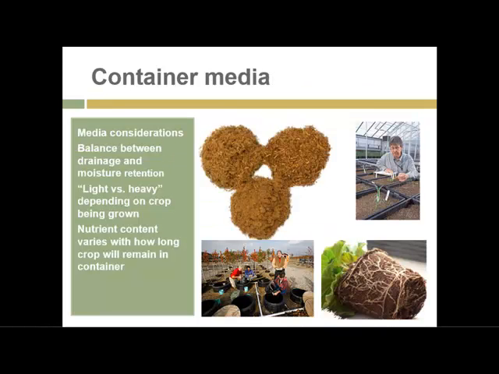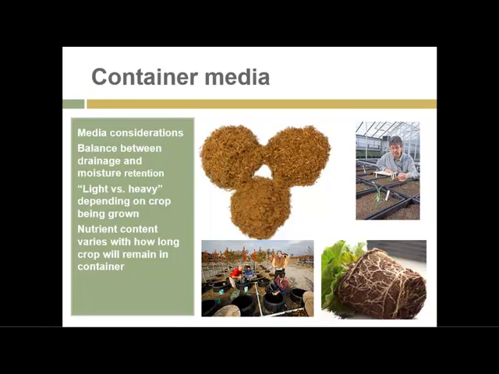And then the media that the plants are grown in, whether in the ground or in containers, matters. And ideally there should be a good balance between the drainage and the moisture retention.